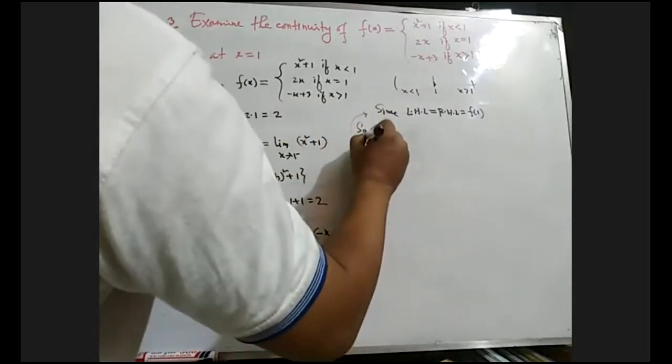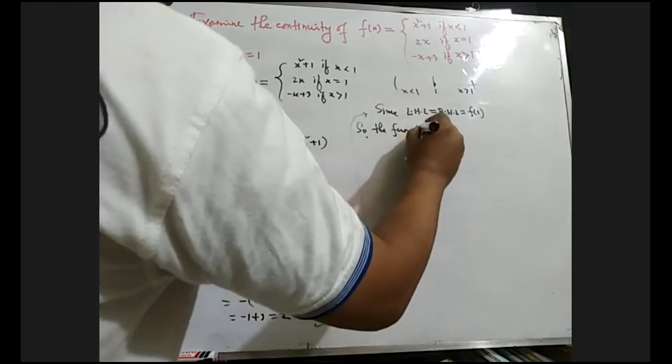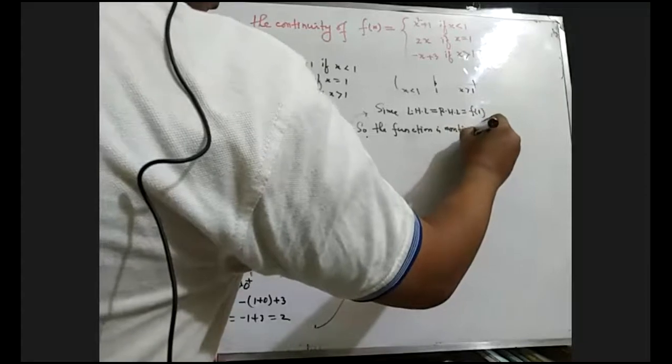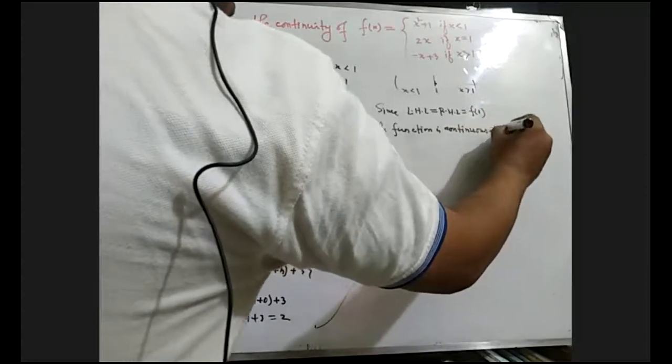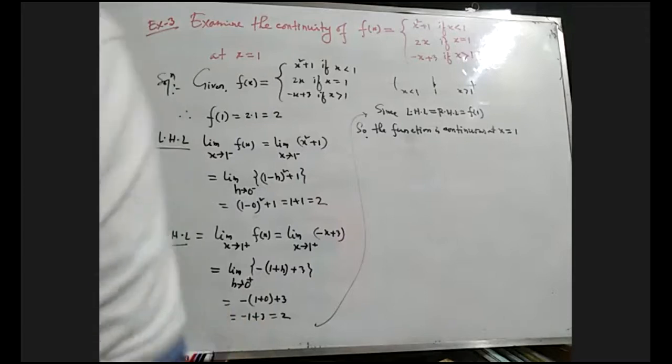So the function is continuous at x equals to 1. Okay, now we can plot the graph for this.